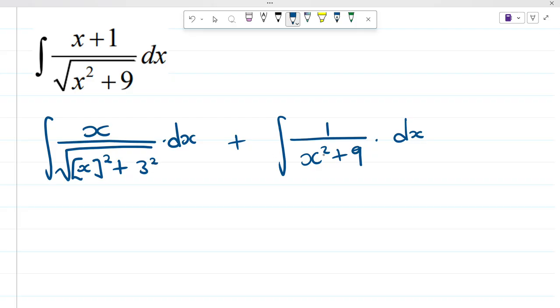The same applies to the other one. Now when we check this question, we can see that on the left hand side there is a square root of x squared plus 3 squared. Sorry for that, I might be getting exhausted.